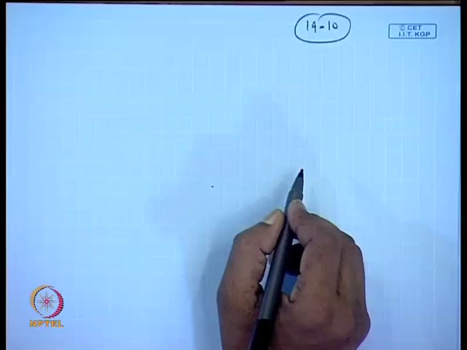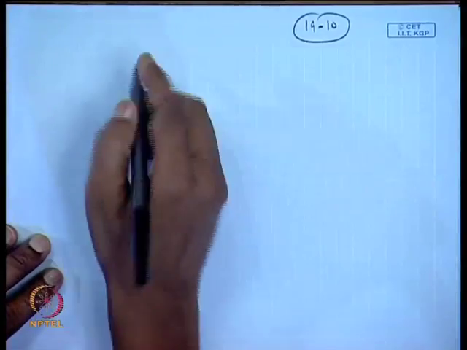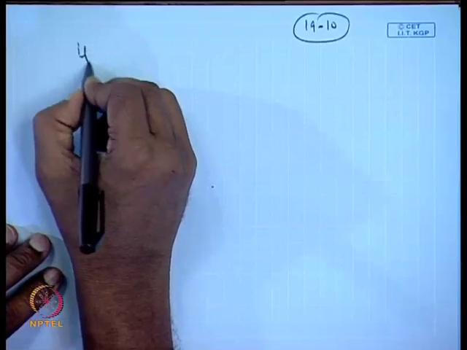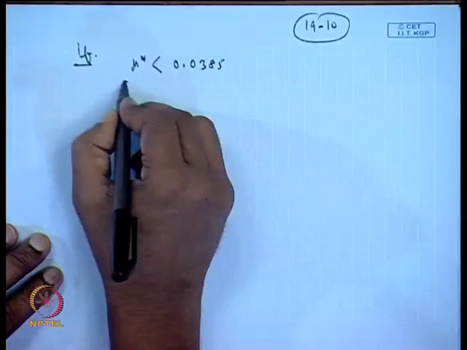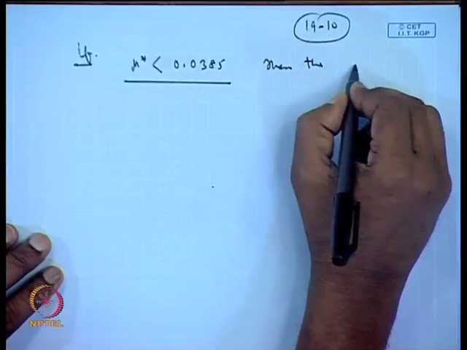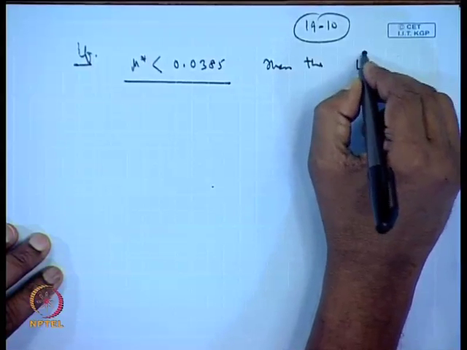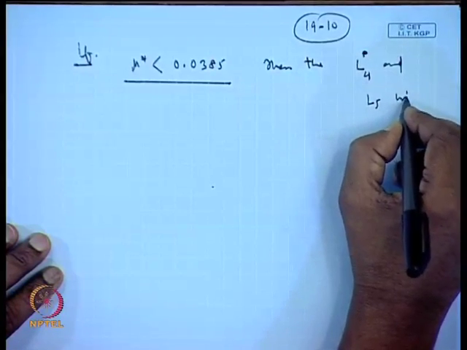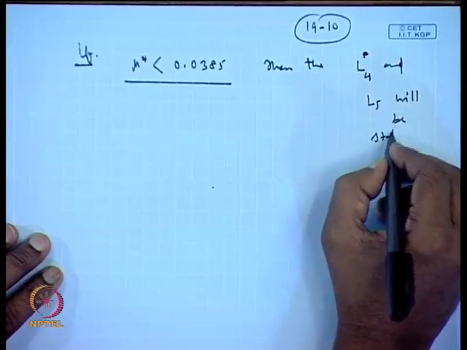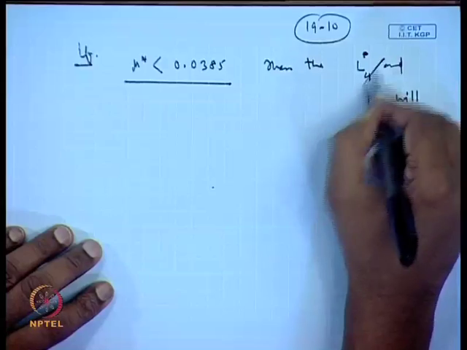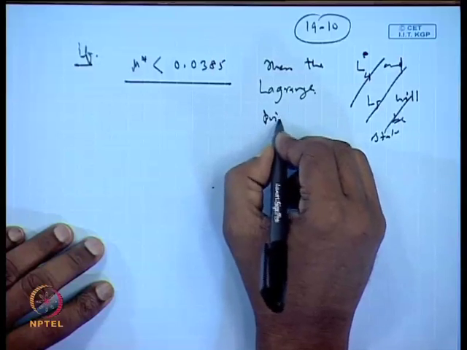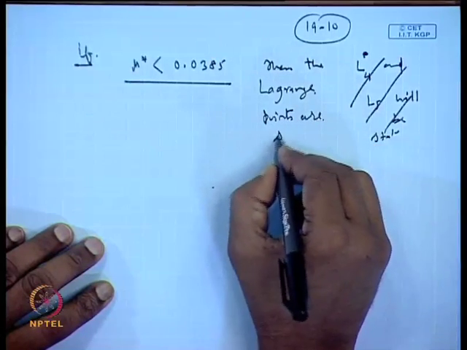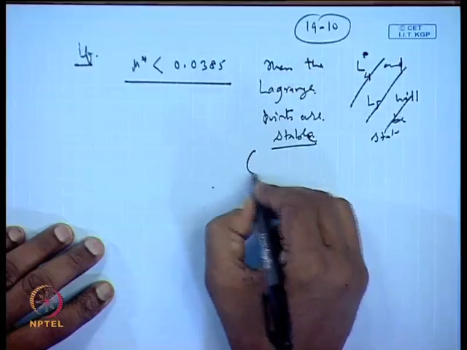But rigorous analysis can show that for these Lagrange points, if mu star is less than 0.0385, then the Lagrange points L4 and L5 will be stable.